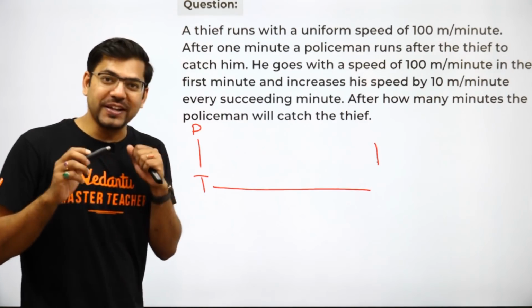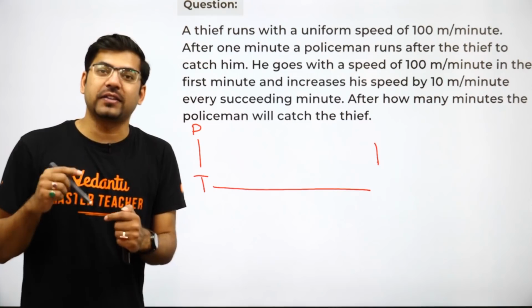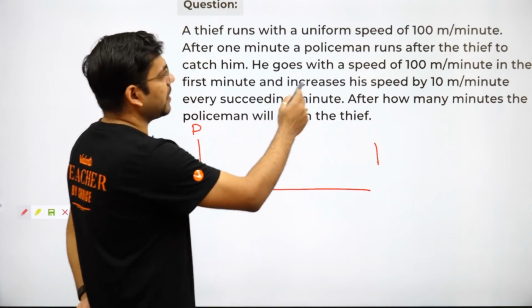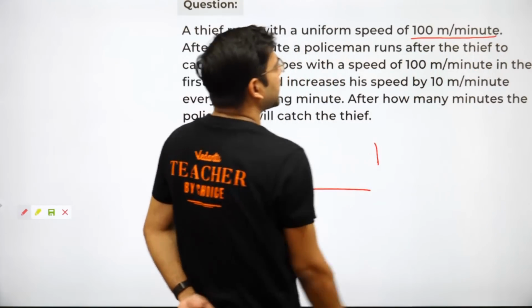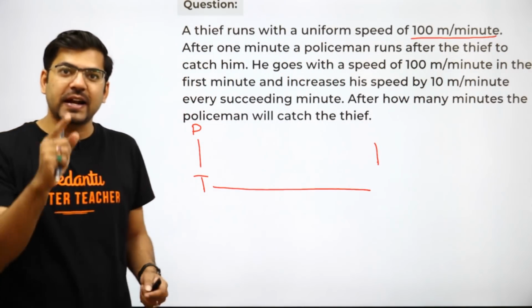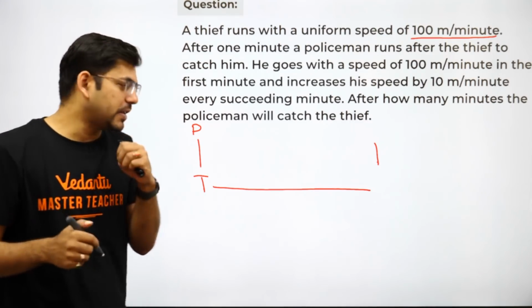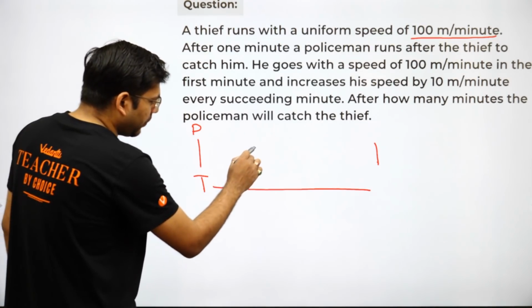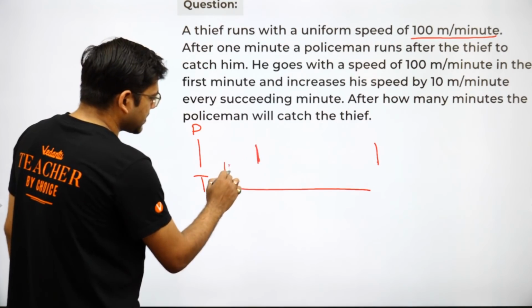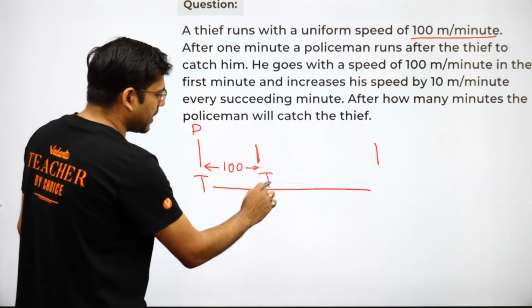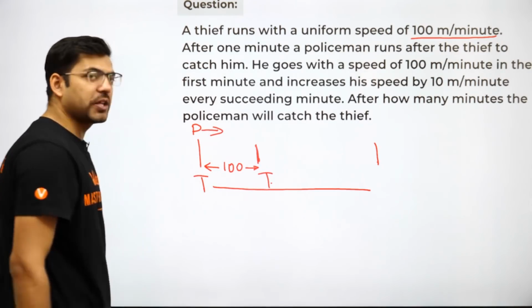So, the police started after 1 minute. If the thief is running with a speed of 100 meters per minute, this means that in 1 minute the thief will have run 100 meters. This means that the thief will be here. Say for example, if this is 100, then the thief will be here, and the police will start running from this point.